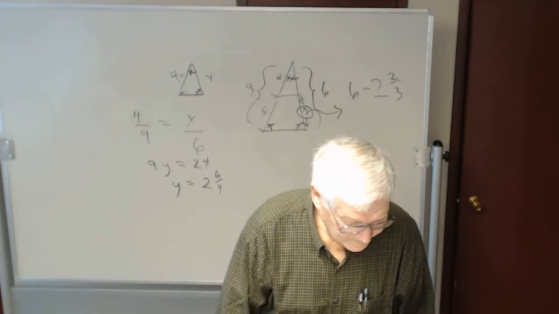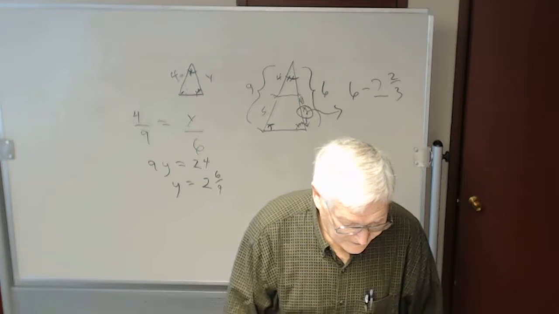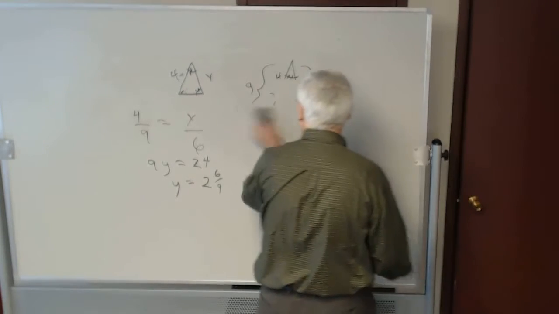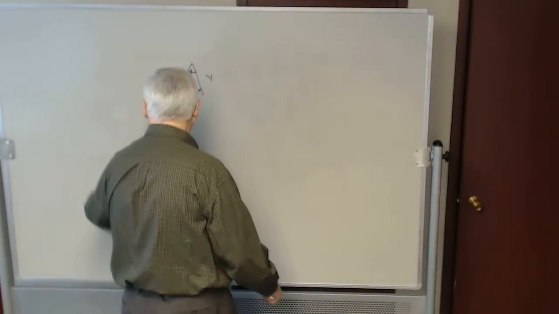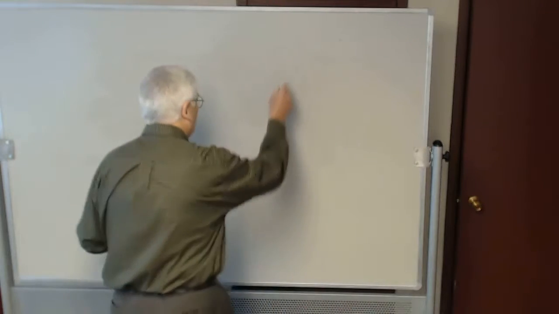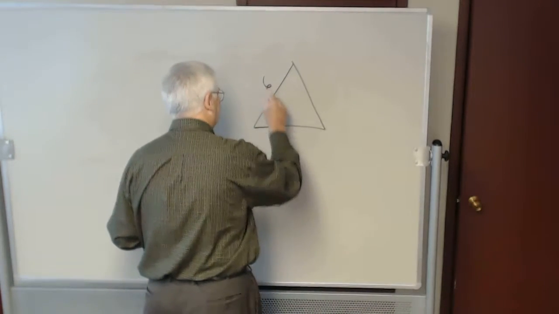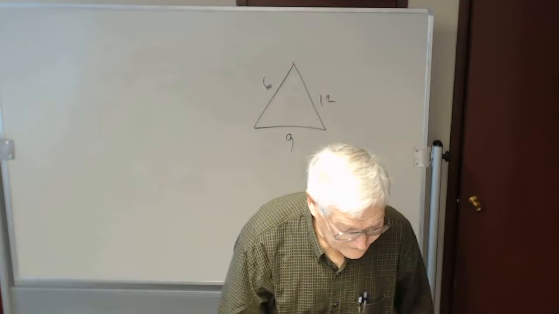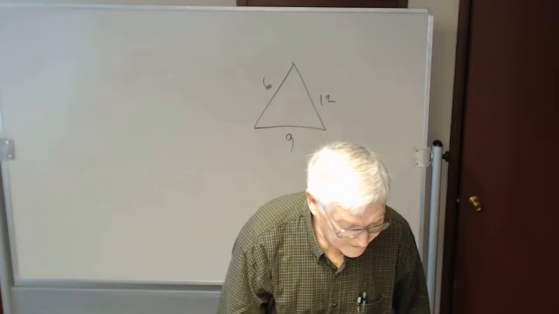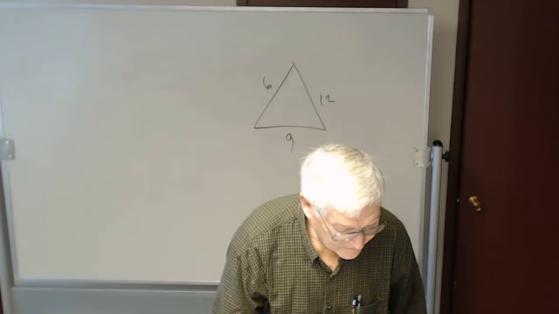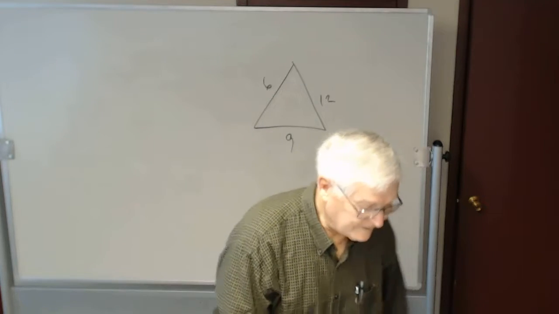Number 34. In problem 33, oh, I have to use problem 33 here. What's problem 33 say? I have a triangle, 6, 9, 12. And 34 says if the length of the longest side of a similar triangle is 7.